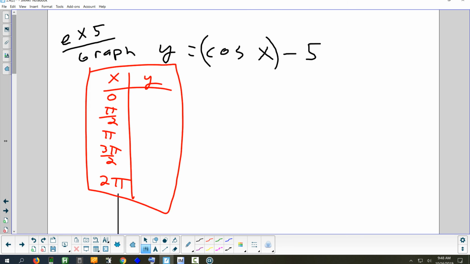Now I need the original y values. If I don't know the originals, then I can't figure out the new ones, because I got to take the old ones and shift them down 5. So I got to know where I'm starting. How about Madison? Can you tell me my original y values for cosine?